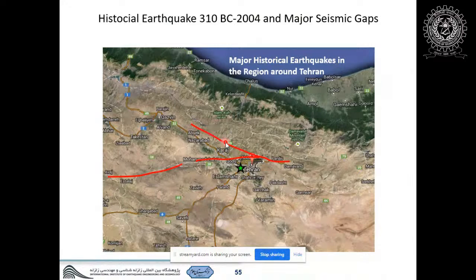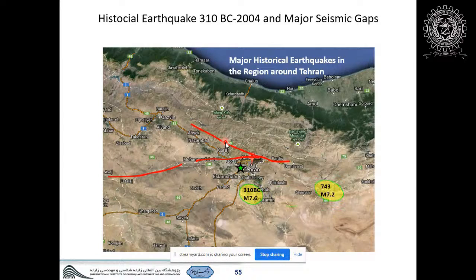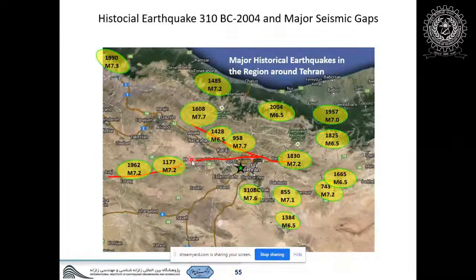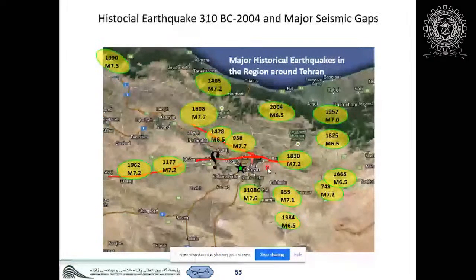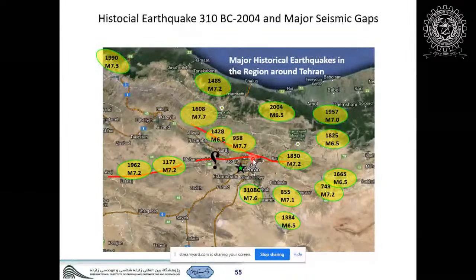Okay, if I want to show you the occurrence of historical earthquakes between 310 BC up to 2004, I may give you such order of occurrence of the events up to 2004, and you see that along the major faults in northern Tehran, there has been no earthquake in such a time window.